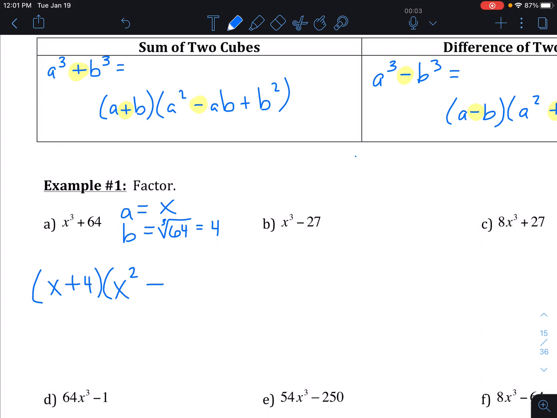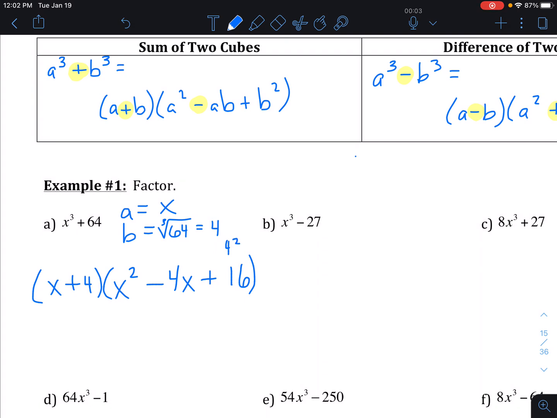Where it says AB, that means A times B, so x times 4 is 4x. And then a plus sign, and then B squared, that means take the 4 squared and get 16. You will not write 4 squared. You must do the math. 4 squared gets 16, okay? So 4 squared is where I got the 16.